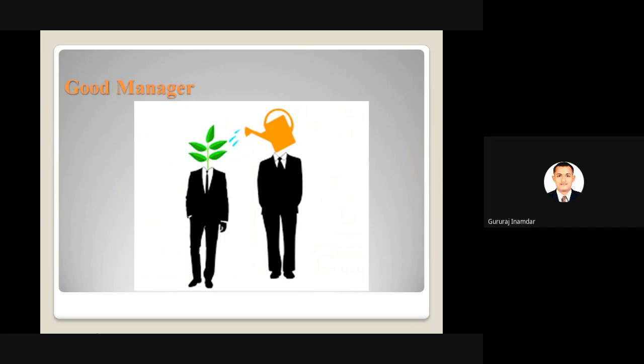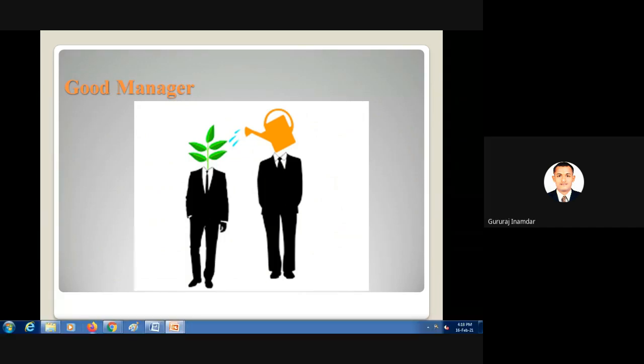What does a good manager do? A good manager's work is the same. Okay, whatever the aim of both managers, good manager or bad manager, the aim of that manager is the same. Okay, they have to complete the work within a certain time, but whatever the process, whatever the process of communication, whatever the skill of that work completion, this is very important.